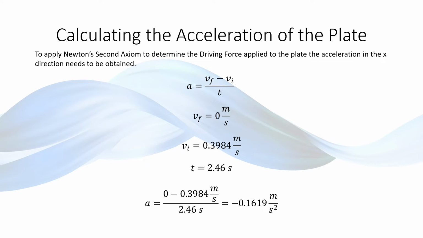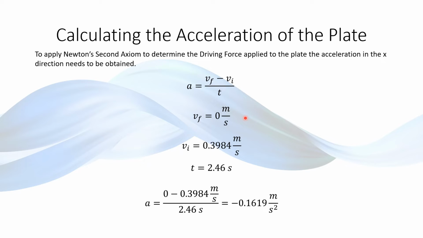Calculating the acceleration of the plate. Since there was an acceleration that occurred in the x direction of the force I applied, the acceleration needed to be calculated. We know the acceleration is the rate of change of the velocity, so we use this equation right here. The final velocity was assumed to be at rest.